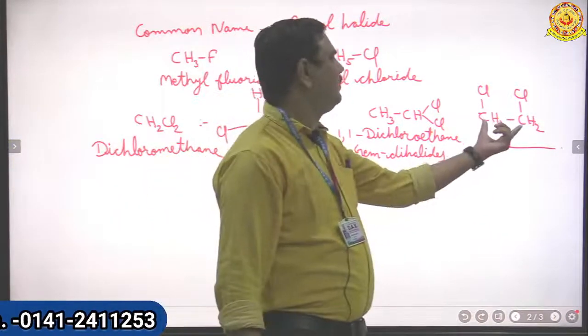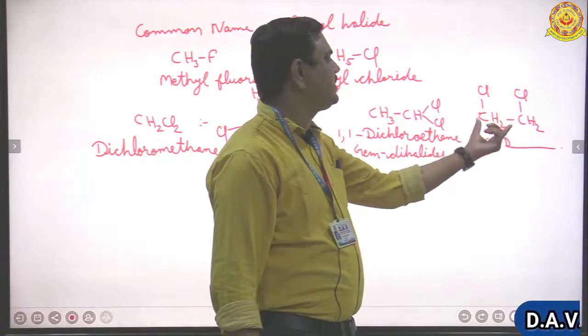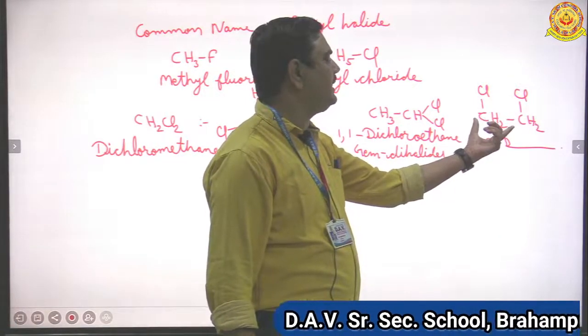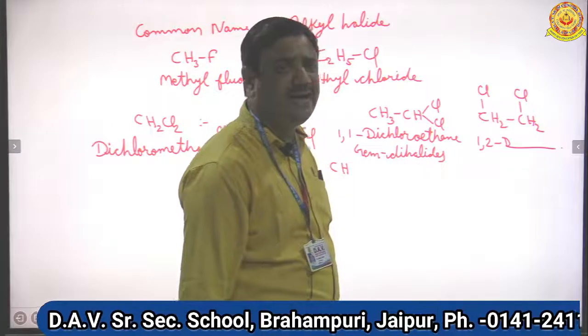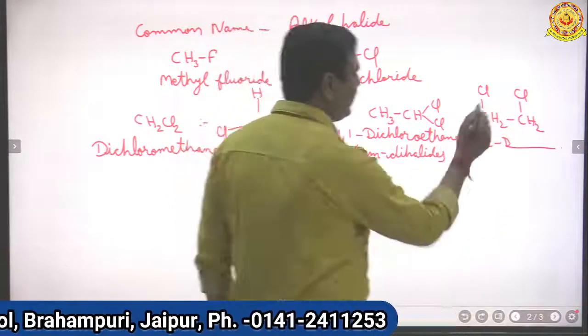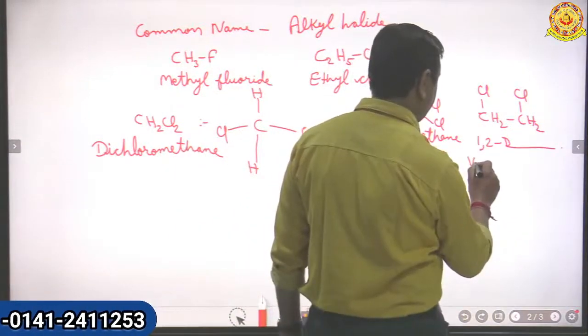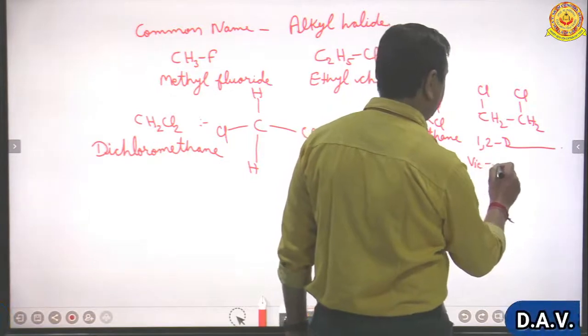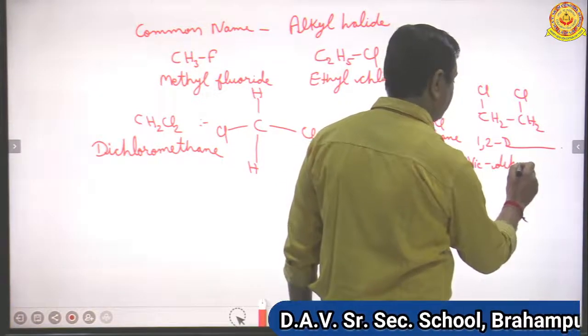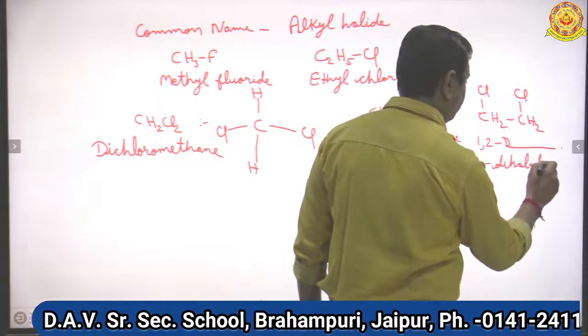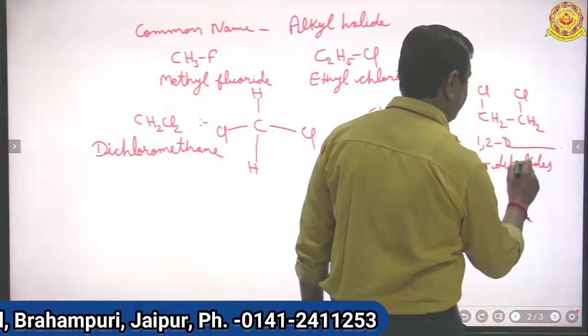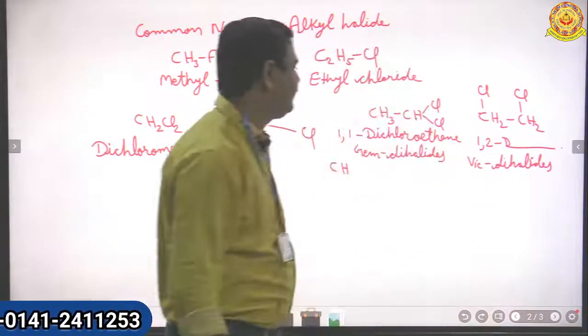If both the halogens are attached to adjacent carbon atoms, then they will be called vic dihalides.